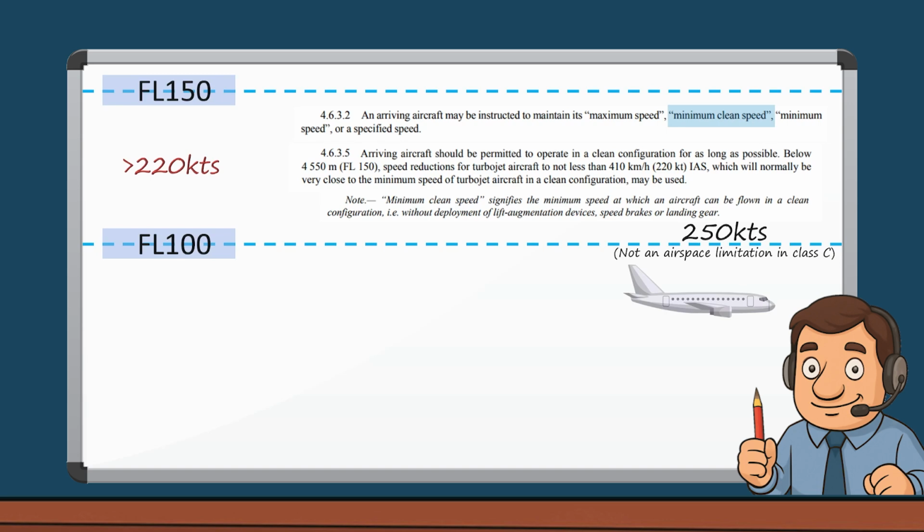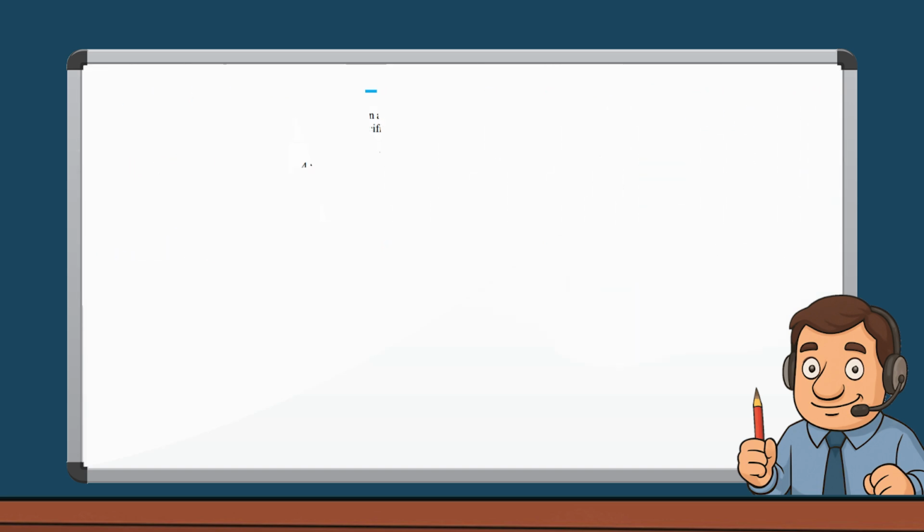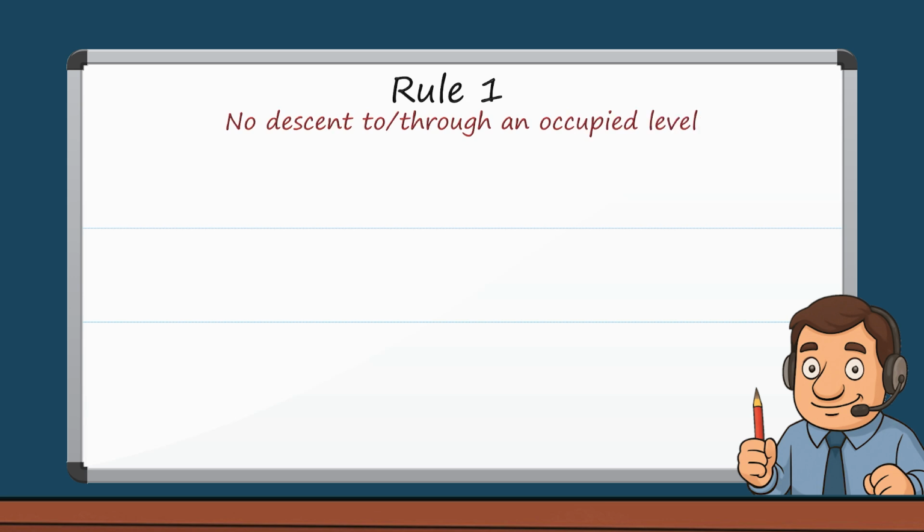No matter what their routing is, they must also be descended. The technique of how far and in how many steps to descend in is for the sequencing lesson, so let's instead look at the unwaivable limits. Rule number 1. You cannot descend to or through an already occupied level, which would cause a loss of separation.